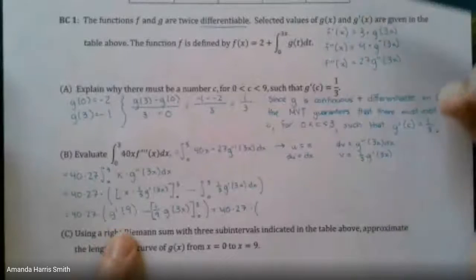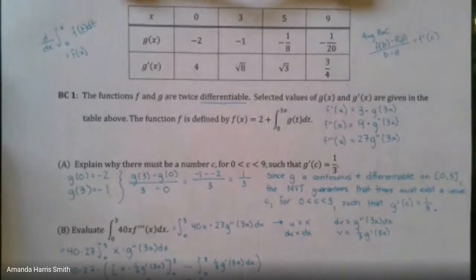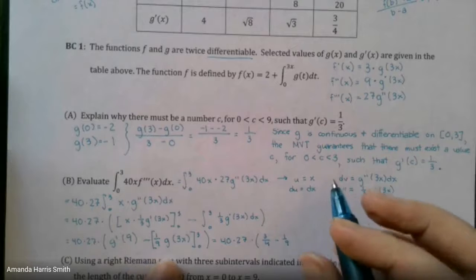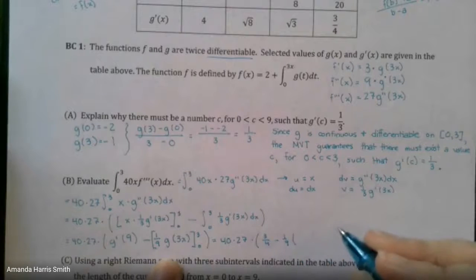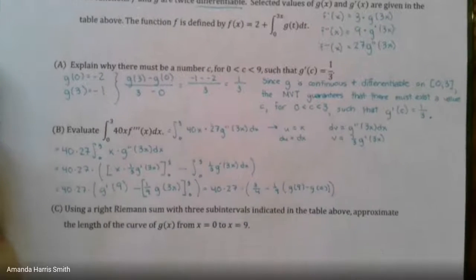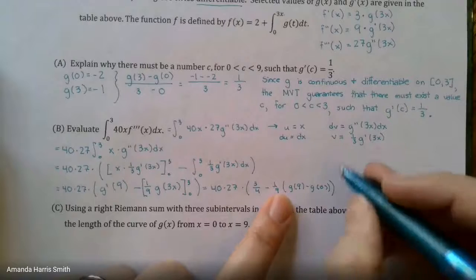But g prime of 9 is 3/4, so I can substitute that. Minus 1/9 times, now I need to do an antiderivative, f of b minus f of a, so g of 9 minus g of 0. Then I can pull those from the table and call it a day.